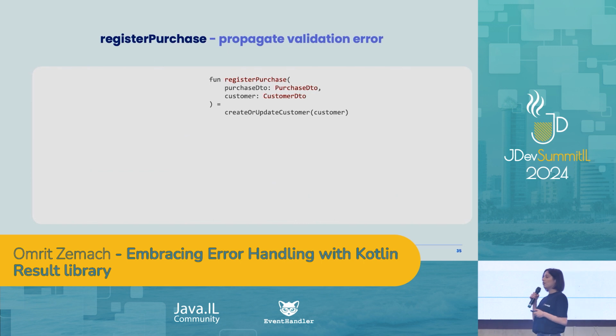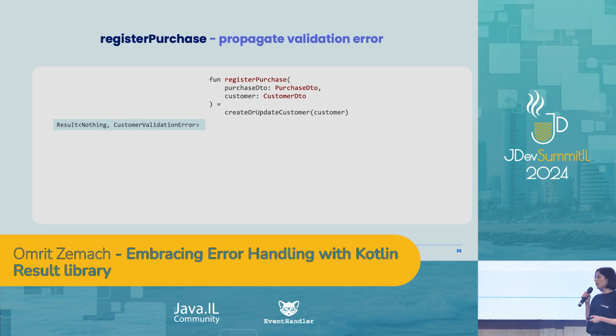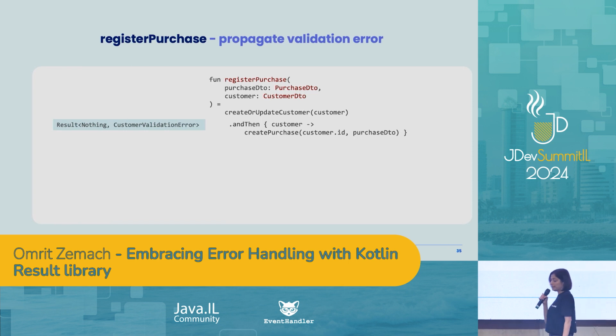Now let's see how the result will be propagated in case of validation error. So in case the createOrUpdateCustomer has a validation error, we will output a result with the customer validation error. In case of an error, andThen will bypass the next operation and retain the same input it got. So we will end with a result with customer validation error.